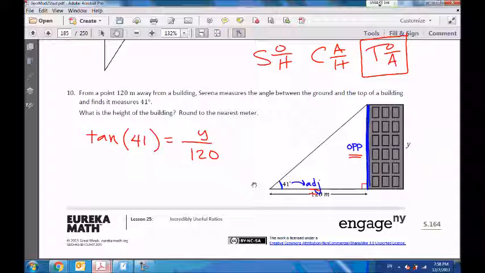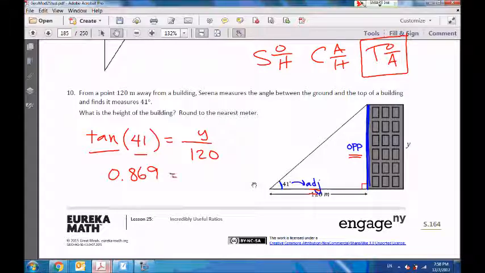On a graphing calculator, you will type in tan parenthesis 41. I put tan 41, which I know you can't really see on the screen, and I find that the tangent ratio for an angle of 41 degrees is 0.869.